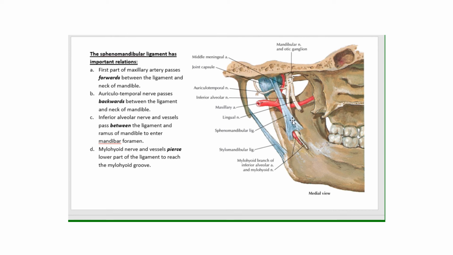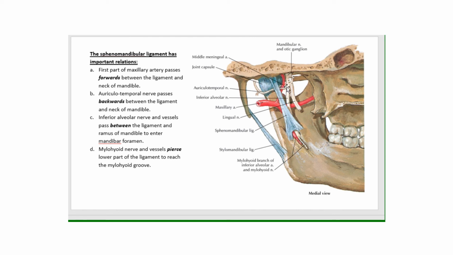This is the sphenomandibular ligament, and we state its relations. It has very important relations. The maxillary artery passes forwards between the neck of the mandible and the sphenomandibular ligament.